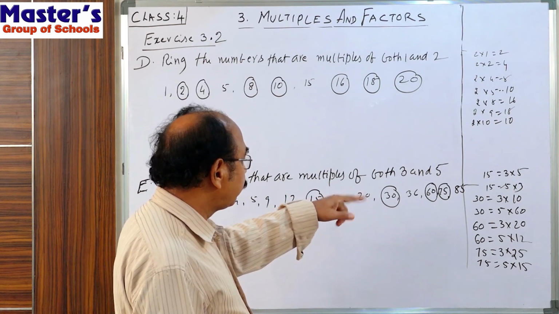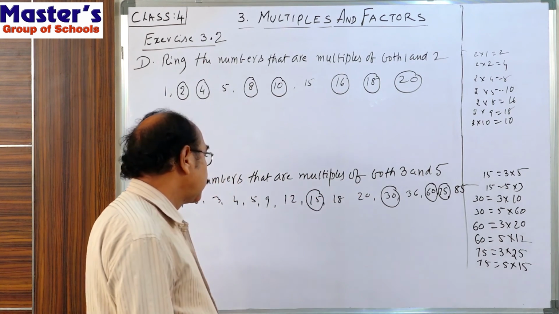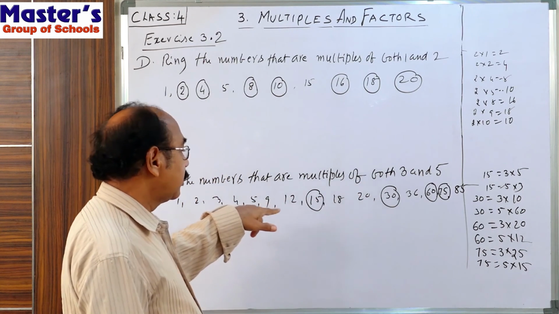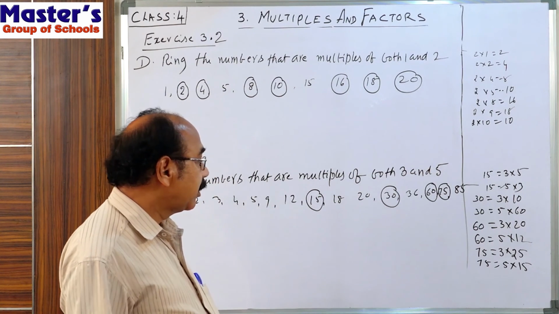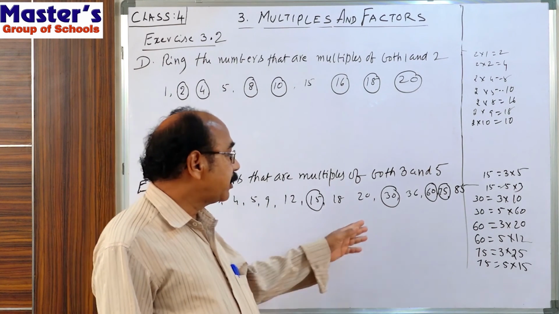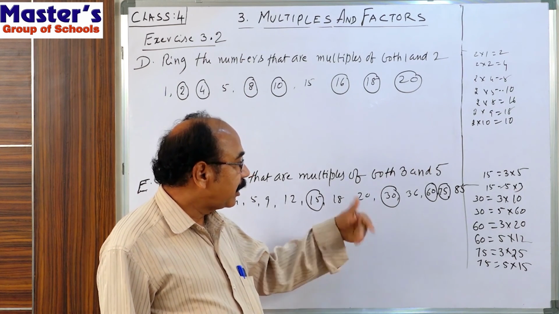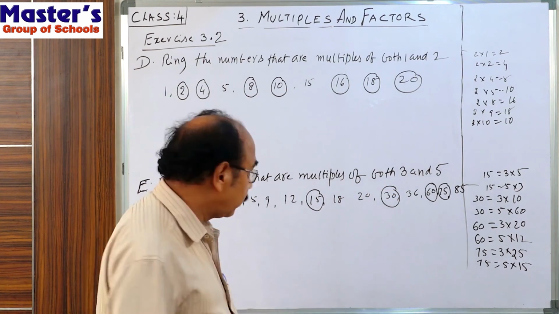Okay, 1, 2, 3, 4 numbers. The 4 numbers I kept in the ring. These numbers are divisible by 3 and 5.